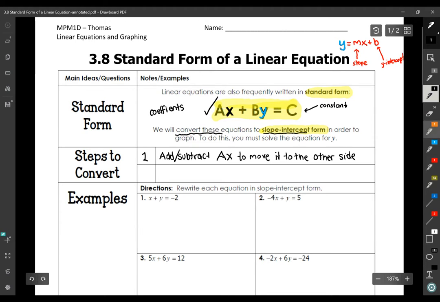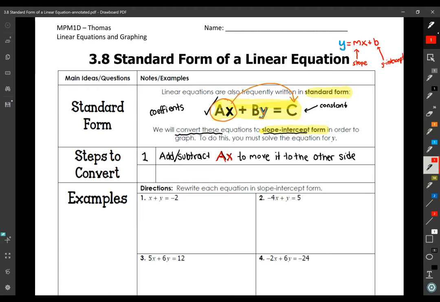Because if we're isolating for y, doesn't it make sense that we have to take this term and move it to the other side? Yeah, so that would be our first step, right? Move that ax term to the other side, okay?